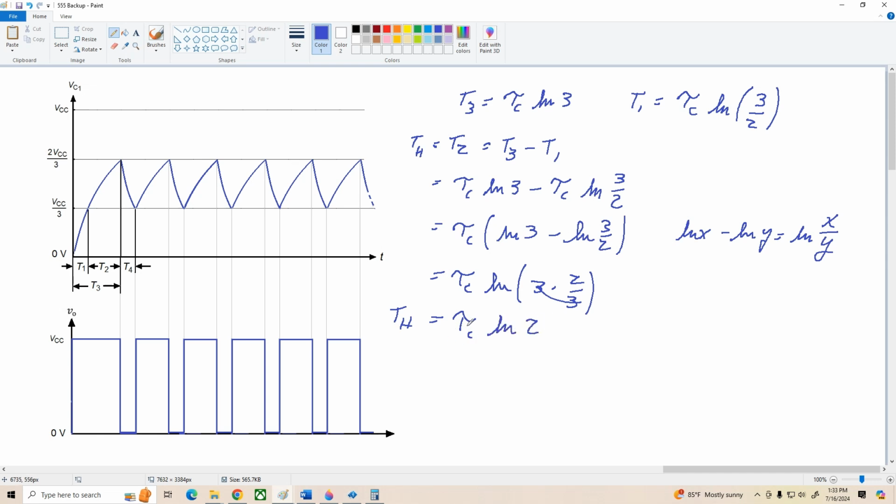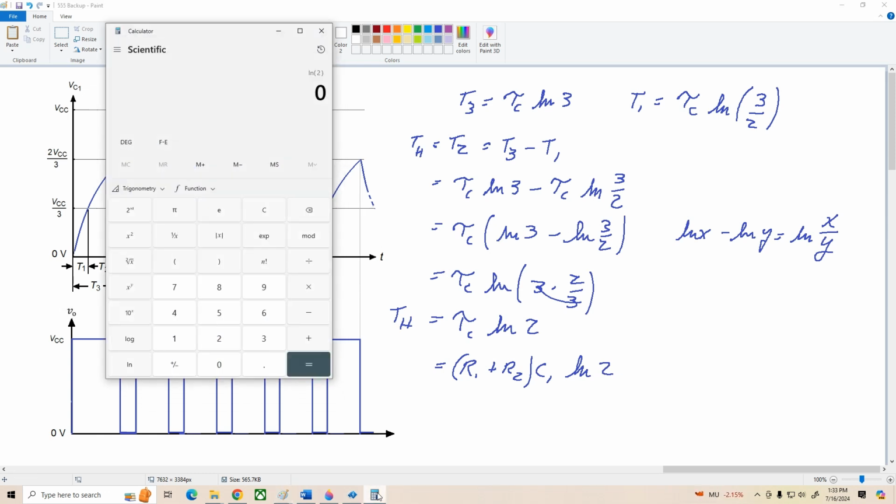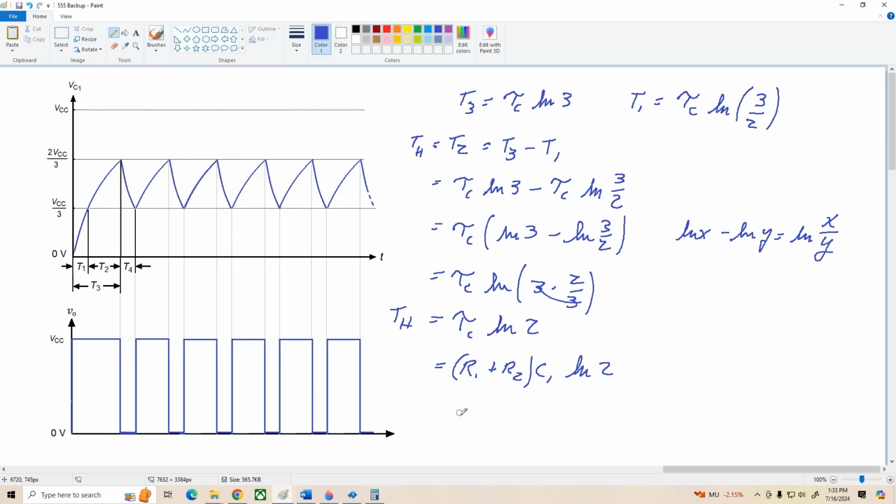All right, and normally we'd write this in terms of circuit components, so we'd probably write this as R1 plus R2 times C1 times the natural log of 2. And let's see what the natural log of 2 is. So 2 ln, that's 0.693, and that's exactly what you've got on the data sheets.